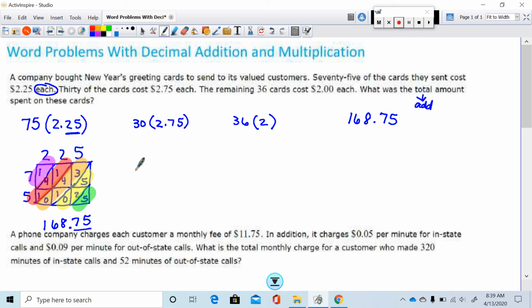So I'm going to come out here and write it down, $168.75. Now I'm going to do 275 on the top and 30 on the side. Make your rectangle, split it with vertical and horizontal lines. Make a diagonal in each of those rectangles.